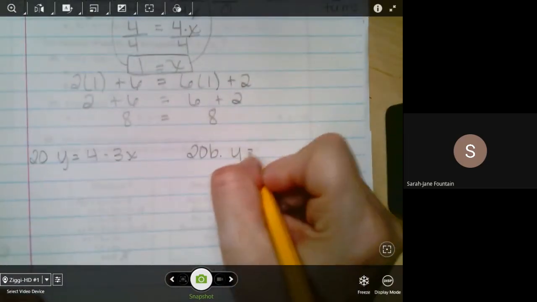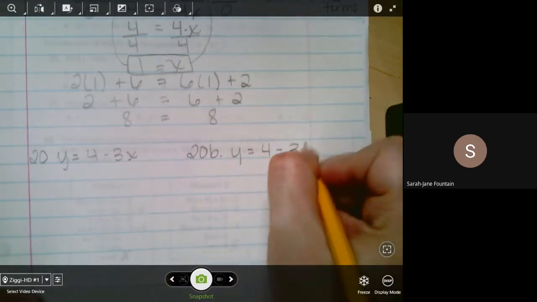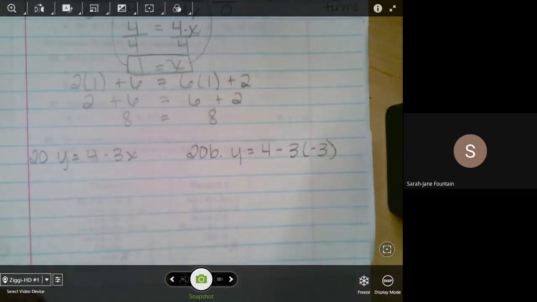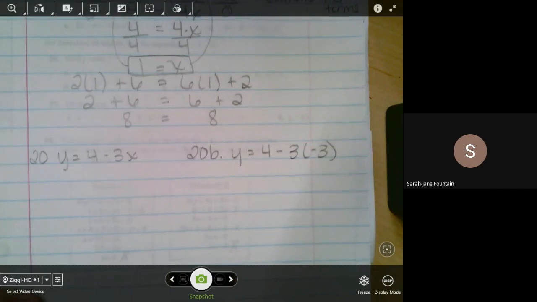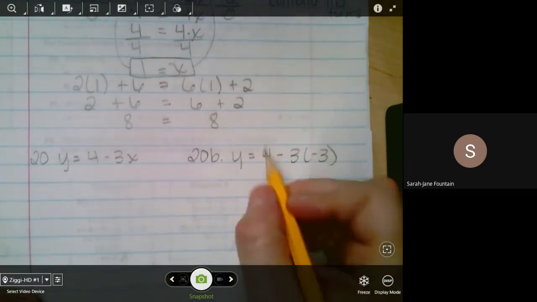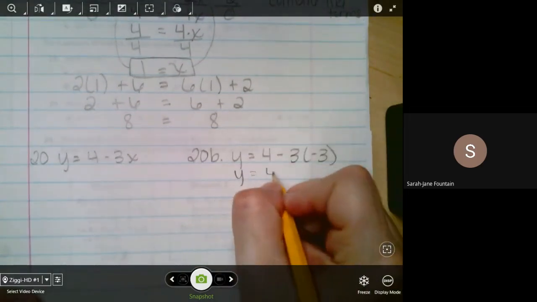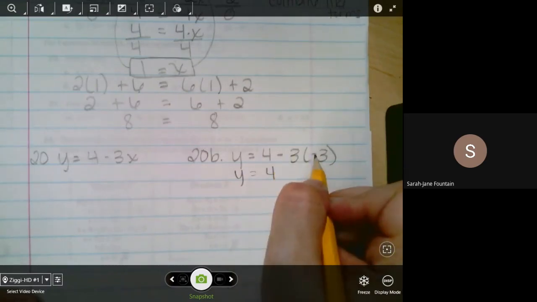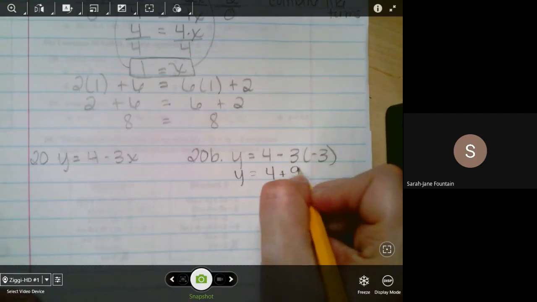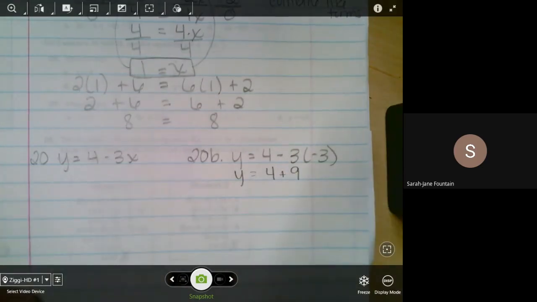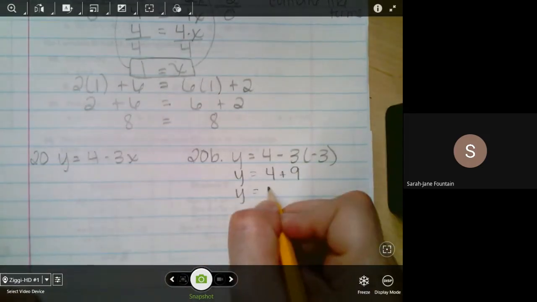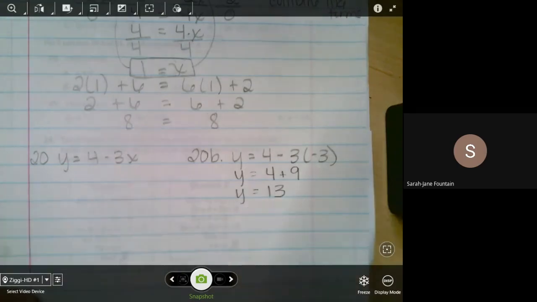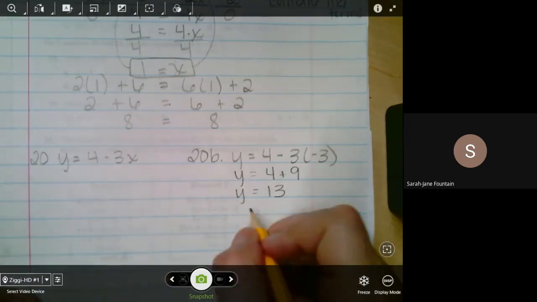So y equals 4 minus 3 times -3. I have y equal to 4. I have a -3 times a -3, which equals a 9. y equals 13.